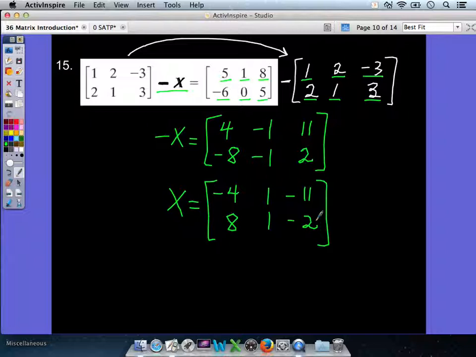My final answer would be this 2 by 3 matrix: negative 4, 1, negative 11, 8, 1, and 2. You're trying to get that matrix by itself. And if you plug that matrix in, rewrite this, and do the subtraction from here to here, you will get this final answer if you wanted to check it.